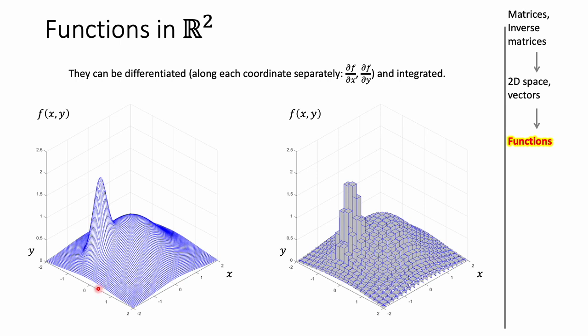It's a mapping that sends R2 to just R. The visual representation of this mapping can be a two-dimensional surface, as shown here. So above every point on a coordinate plane, there is a dot marked, whose vertical coordinate is just the value of the function f of x and y.